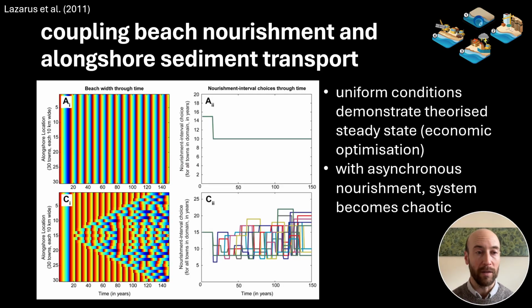So if one town nourishes out of phase relative to the other ones, that's how we perturb this system. The economic optimum for any given town becomes more or less impossible to isolate. And the result for the whole system is chaotic management.